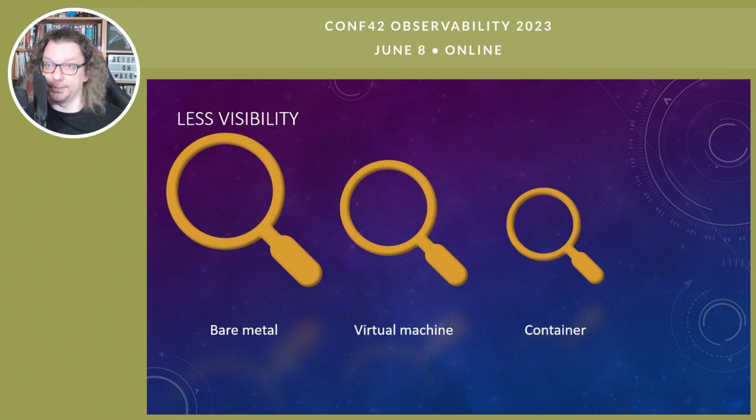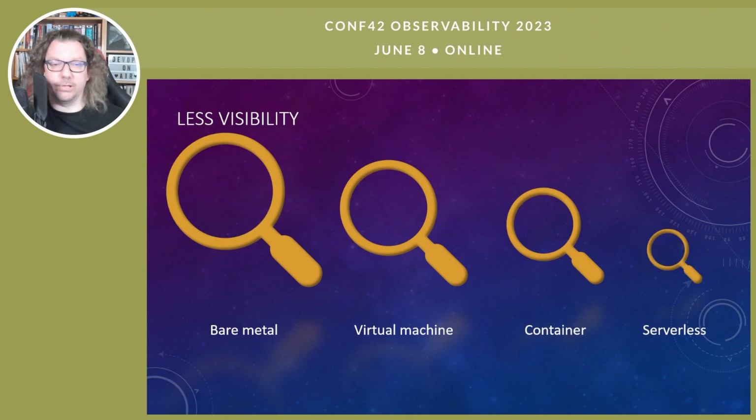Then we have containers, and we can see even less. For example, if you think about ECS, especially Fargate ECS, right? Or just ECS. We have less and less places where we can observe and understand what our system is doing. Especially if we talk about Fargate, we know almost nothing, right?